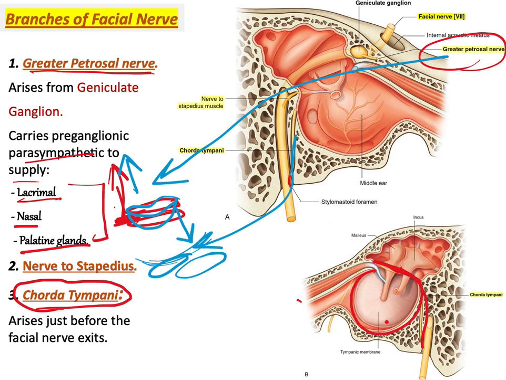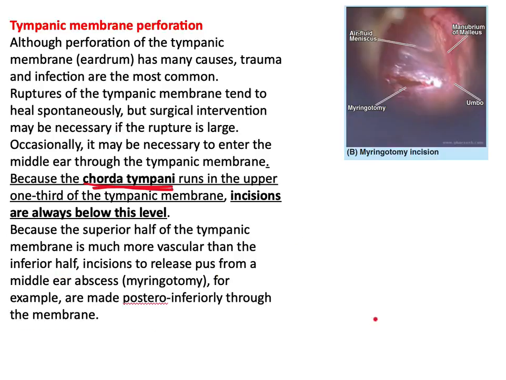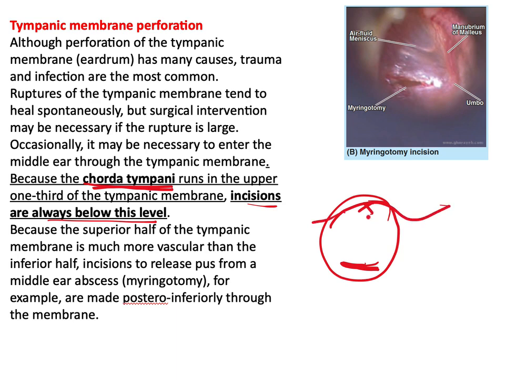So if there is perforation, it's preferred to be in the inferior part of the tympanic membrane, right, if there is a need for a rupture. And also incision is done below this level, because the superior part is not only about the chorda tympani but also highly vascular.